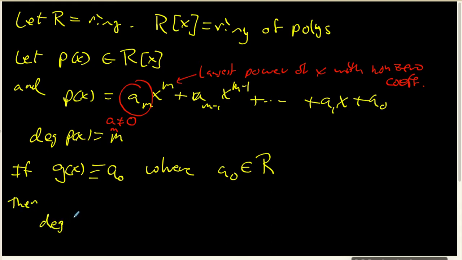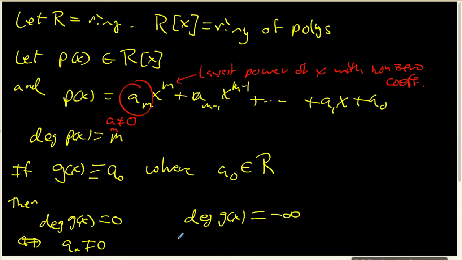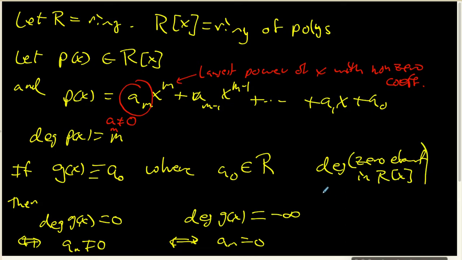The degree of g is going to be equal to 0 if and only if that constant is not 0, and the degree of this polynomial is going to be set to minus infinity if and only if that particular constant is equal to 0. In other words, the degree of the 0 element inside R[x] is defined to be minus infinity.